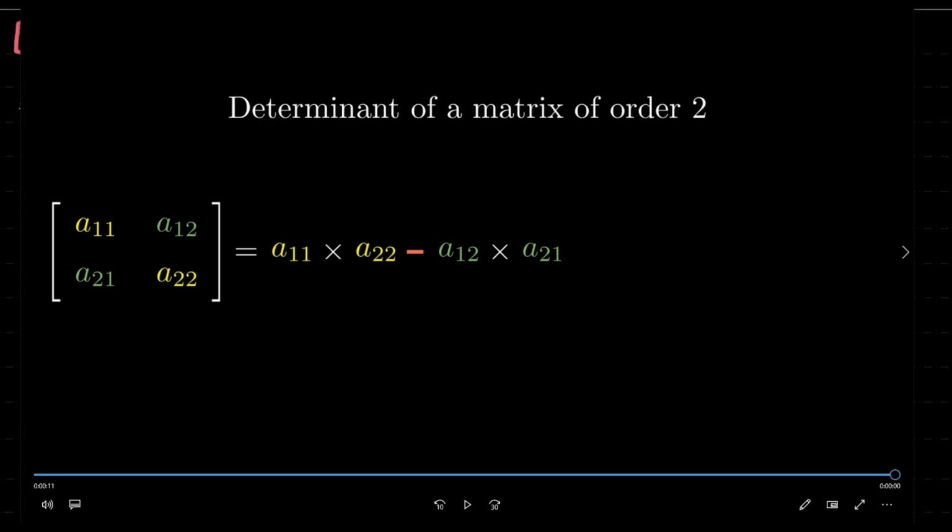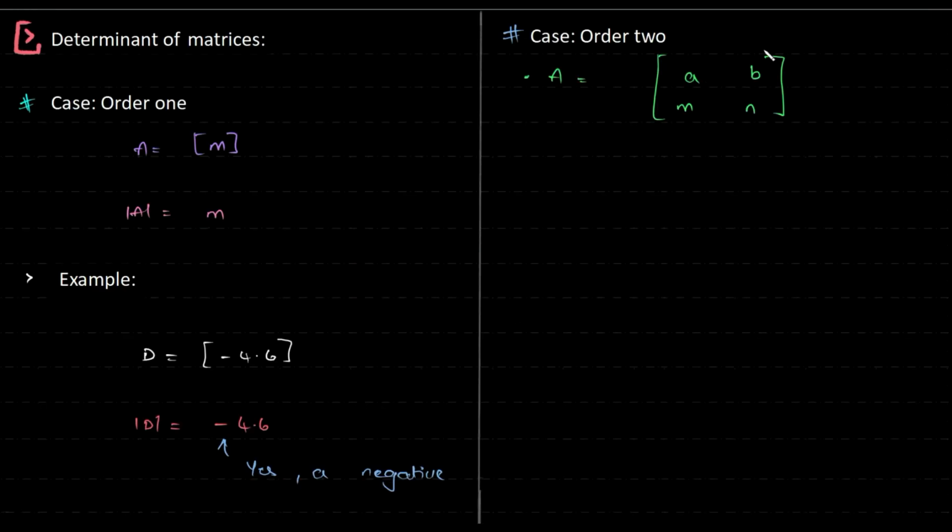So let me give an explanation over here. We have this 2 by 2 matrix, right? So the very first thing that we need to do is pick up these two elements. So the product of A and N. Next, we need to find the product of the other two variables along the other diagonal and take a difference between them.